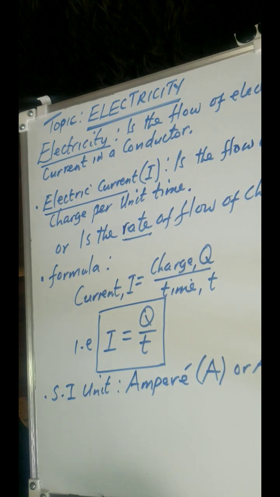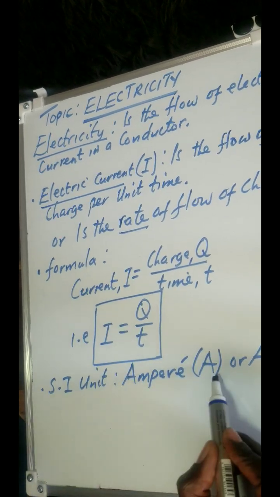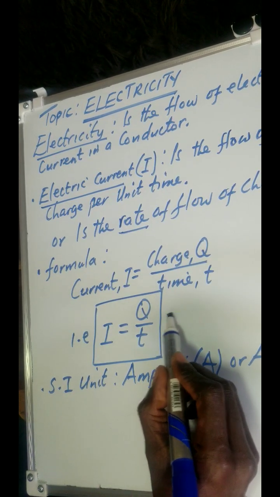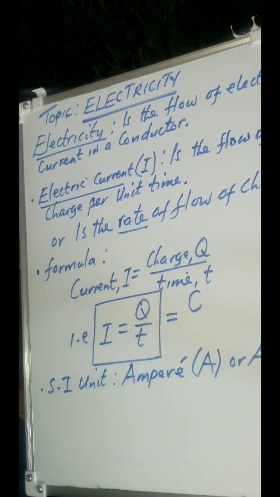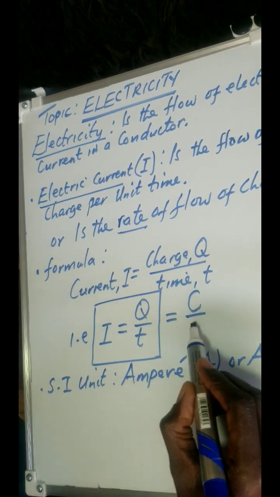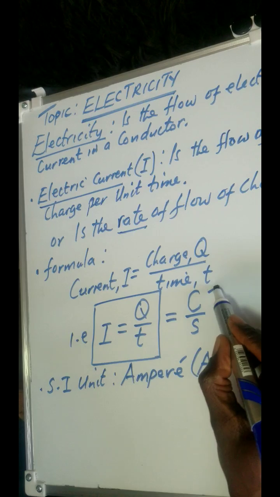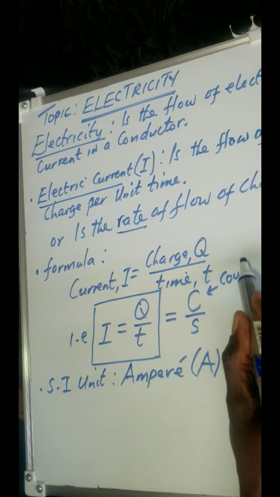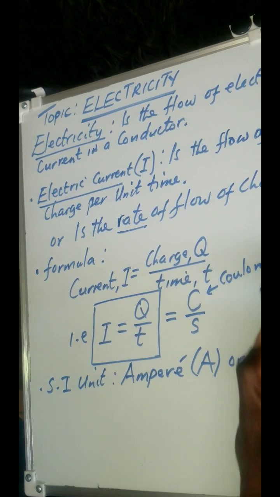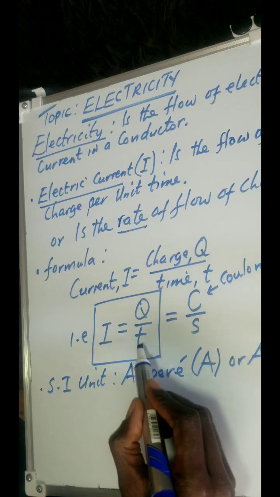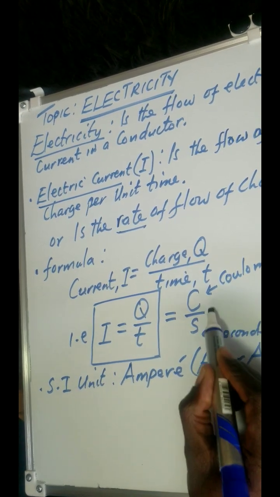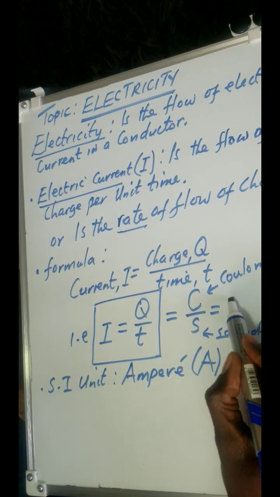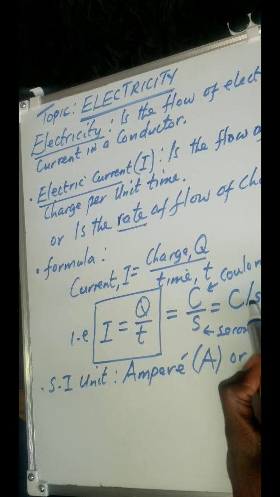But sometimes in the exam, they may not give you ampere. If you remember, charge is measured in coulombs, represented by capital letter C, and time is measured in seconds, represented by S. So if you combine coulombs and seconds, you have coulomb per second.